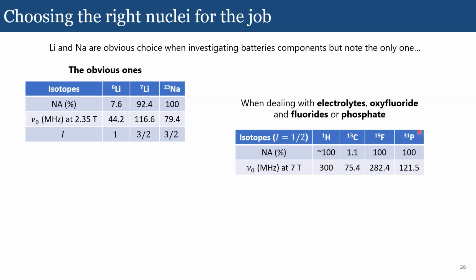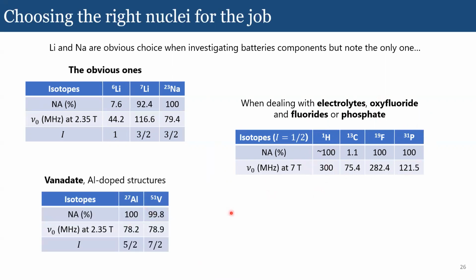So yeah, they also can provide a lot of information. If you want to go on a more exotic side, if you're dealing with vanadate or if your structure is aluminum doped, both aluminum and vanadium also have pretty good NMR properties. Keep in mind that they are both quadrupolar because the spin number is higher than 1/2, but still quite useful.